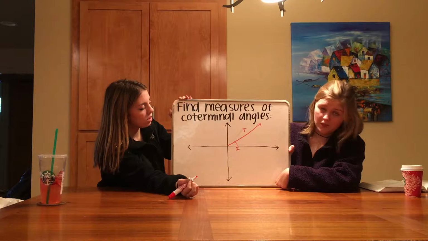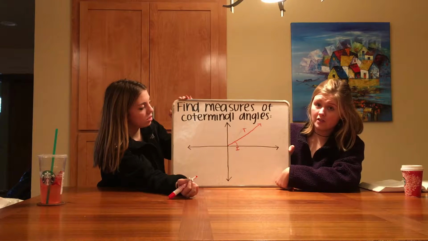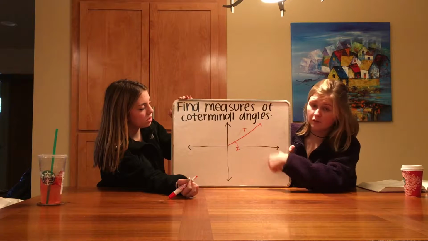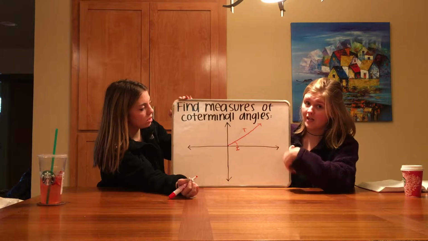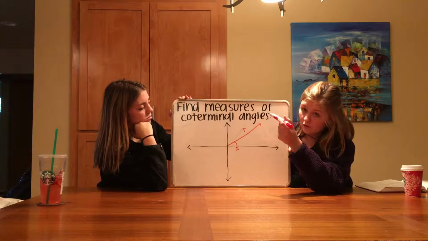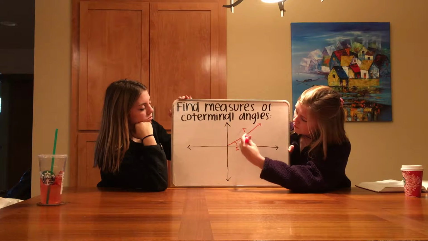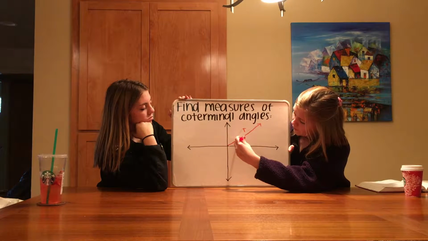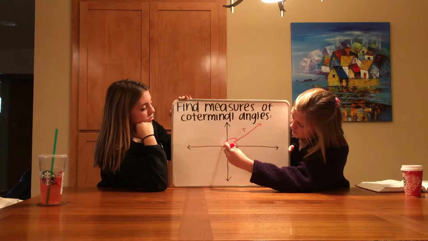Coterminal angles are angles that share the same terminal and initial side as our angle, but they're not the same exact measure. So a coterminal angle, one that shares the same terminal side and initial side, would be an angle that is this large.